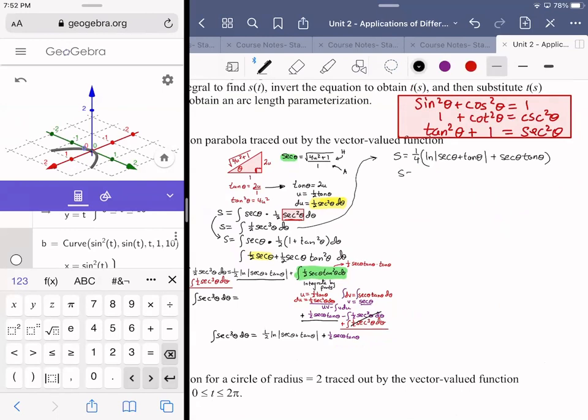So S would be equal to 1/4 times the natural log of the secant, which we defined over here as being the square root of 4u squared plus 1, plus tangent, which we defined over here as being 2u.